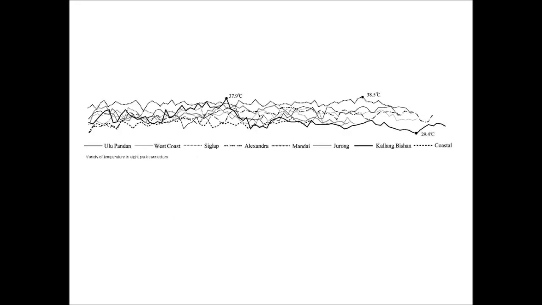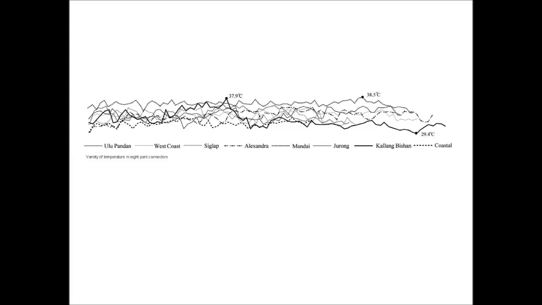Most importantly, the Alexandra Park Connector has a relatively homogeneous landscape, but we can see more than a 5 degree difference. In the Gelang Bahru Park Connector, the temperature difference between the coolest and the hottest point is almost 8.5 degrees in just a 2 kilometer short promenade.